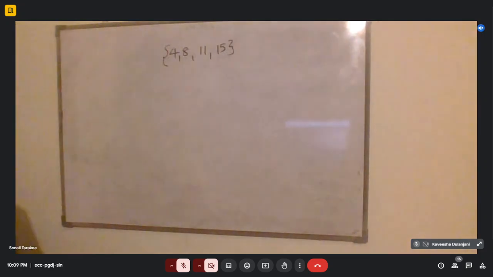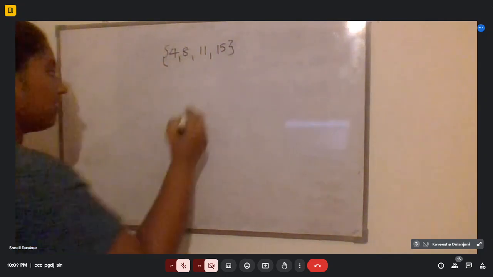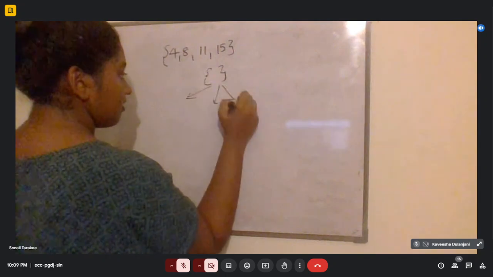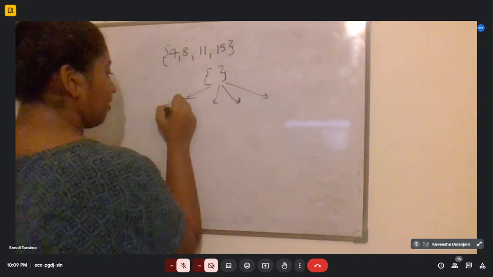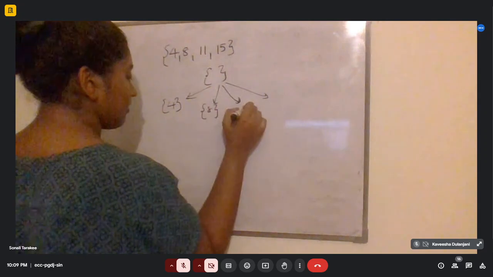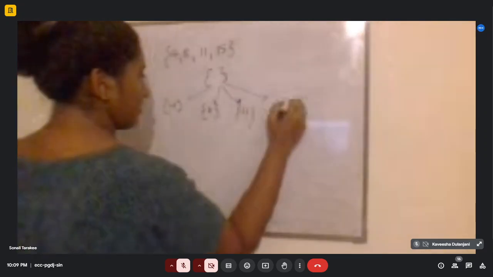So you have subsets like this. We are starting from the null set. Then we have 4 choices: 4, 8, 11, and 15.